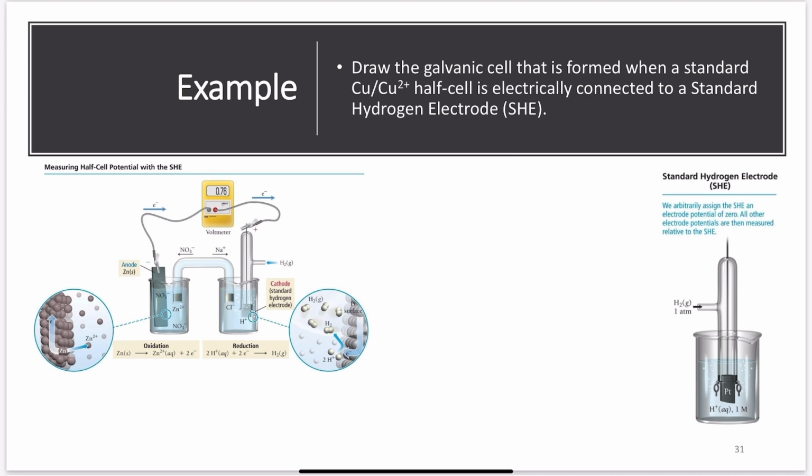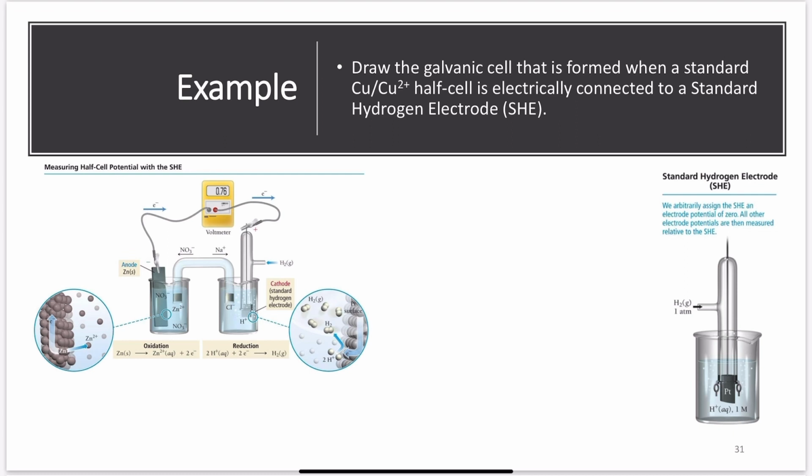We don't often use a standard hydrogen electrode; they're more work to use than not. So we do have other standards we can use, but everything has been measured to the hydrogen electrode. What I've got drawn here shows just zinc with hydrogen, but it's the same kind of system. Let me go ahead and draw what it would look like for hydrogen versus copper. You can also see here's a picture of the hydrogen electrode.